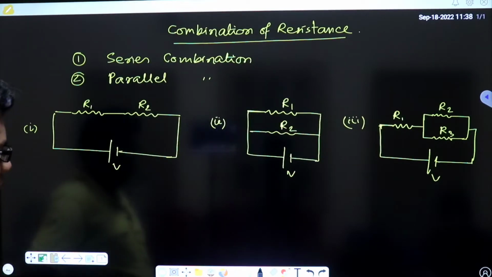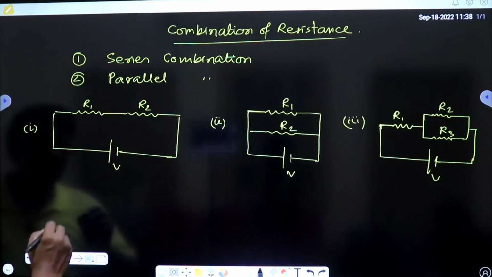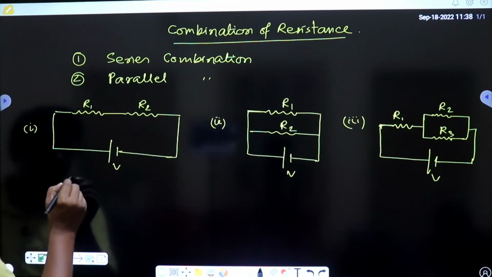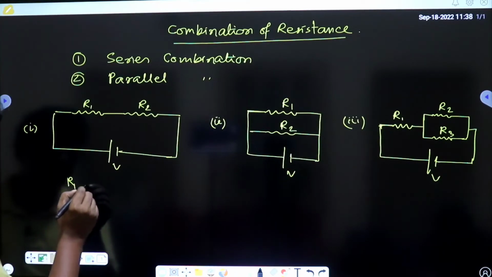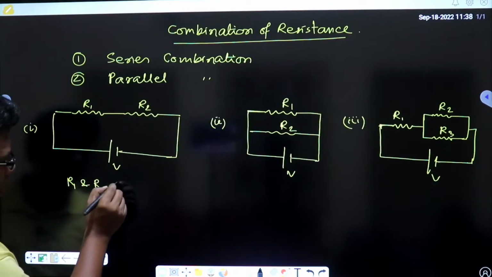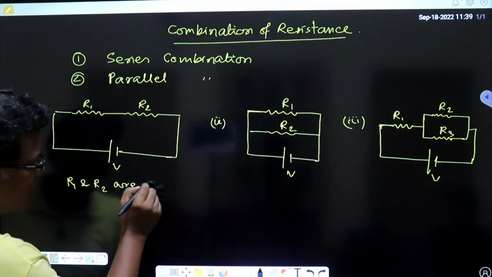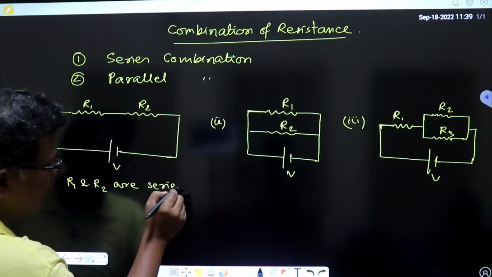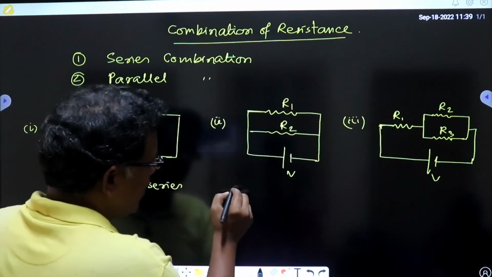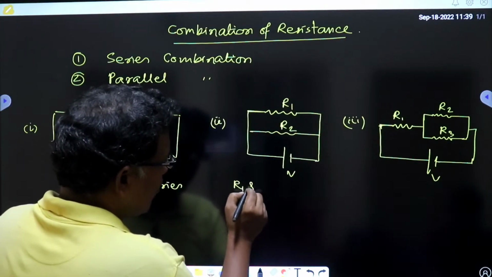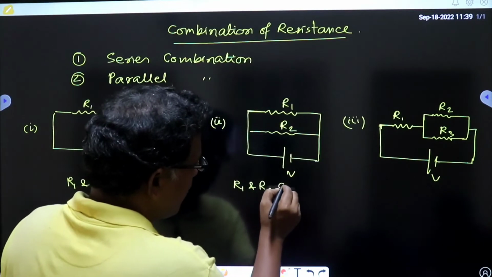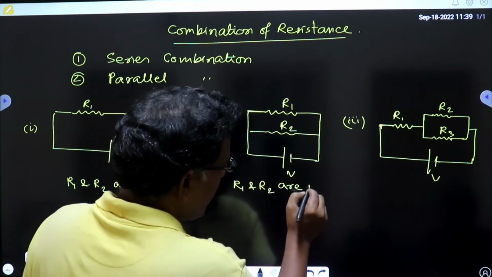Like in the first case, R1, R2 in series. In this diagram I can write down R1 and R2 are in series. Okay, in the second one I can write down R1 and R2 are in parallel.